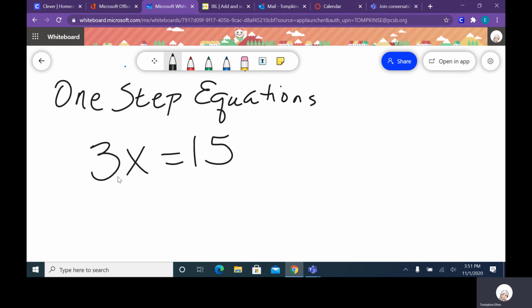These two are multiplying. They're stuck together. So we're going to do the opposite of multiplication, which is division. And we're going to show division with a fraction bar.